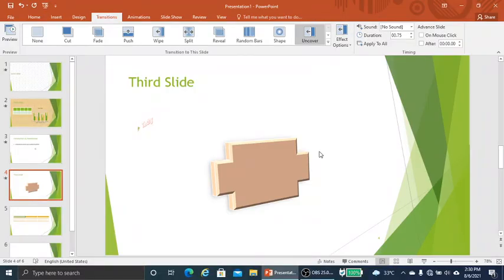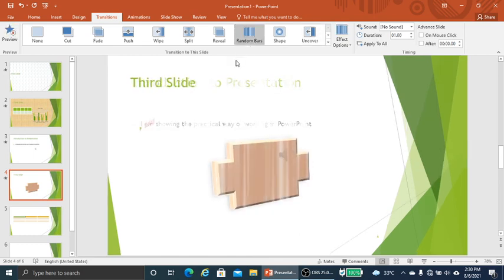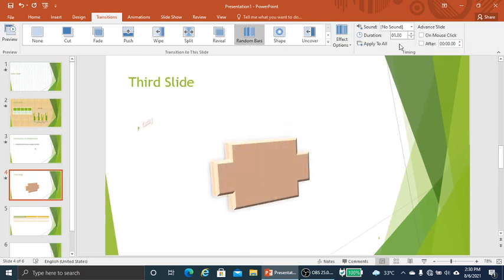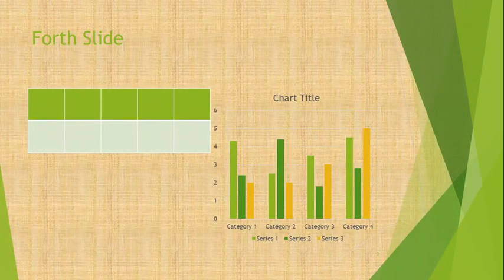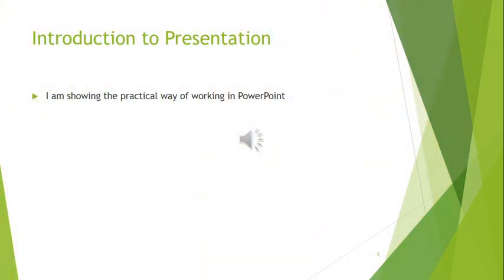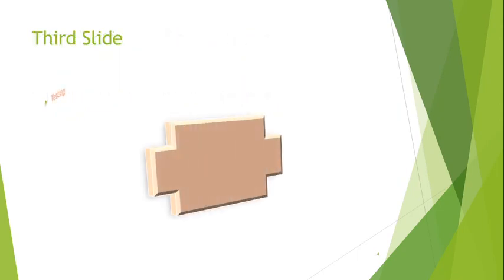For adding a transition to a slide, we can have an individual transition. Suppose I choose this transition and click on Apply to All, so automatically after 1 or 2 seconds, the next slide comes. Now when I press F5, you can see the next slide comes automatically after 2 seconds, in one common design.